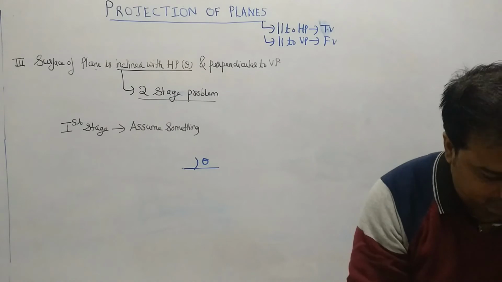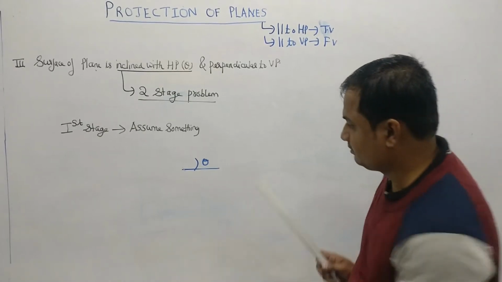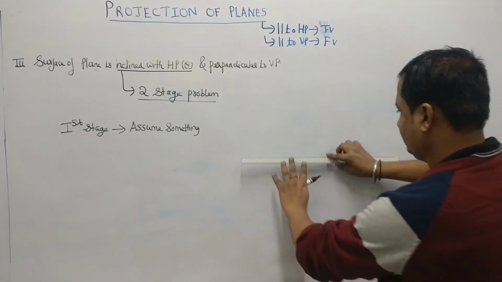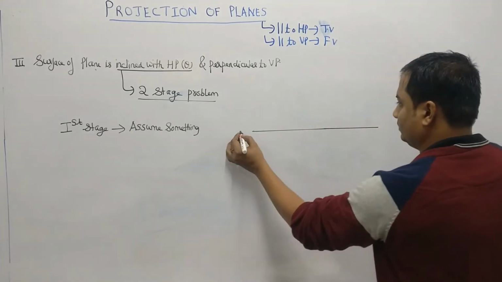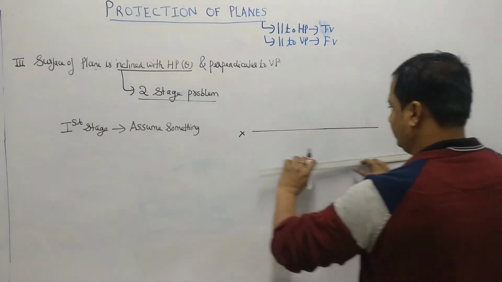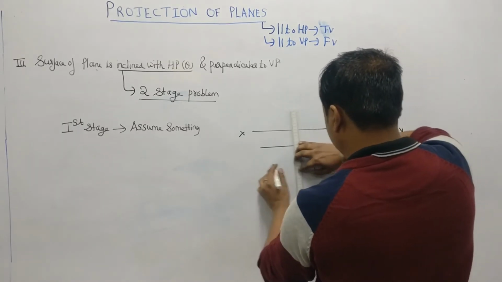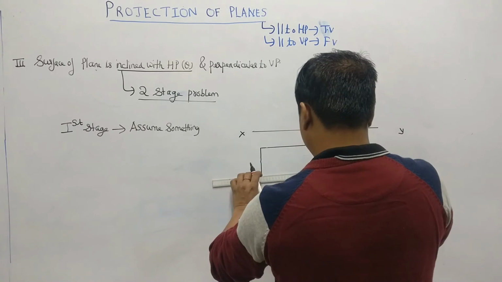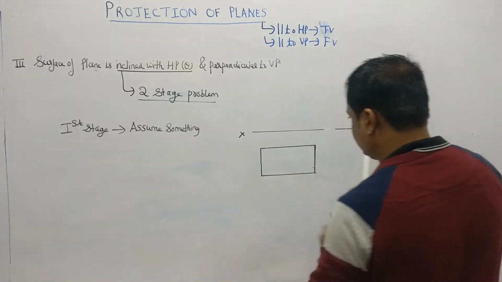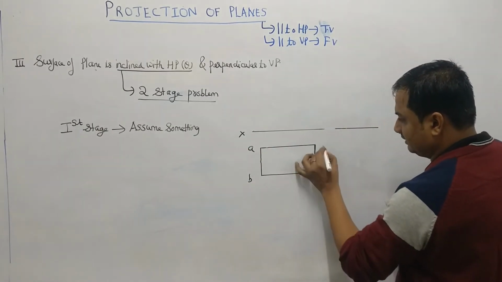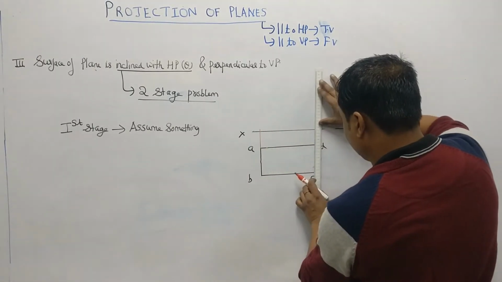So that will be more clear by drawing. So this is my first stage. This is my X, and suppose this is my Y. In the first stage I have assumed that rectangle parallel, okay, so this is my A, this is my B, this is C, and this is D. This is the first stage which I have assumed, that this is parallel.